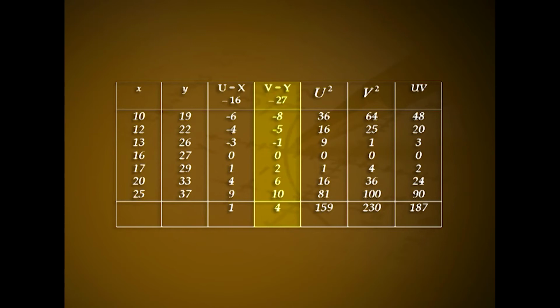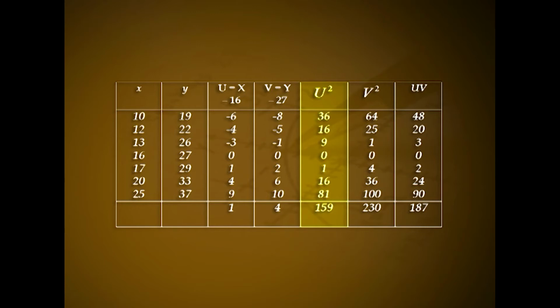The corresponding v values, y minus 27, are minus 8, minus 5, minus 1, 0, 2, 6 and 10. Now, the u square values are 36, 16, 9, 0, 1, 16 and 81, and sigma u square equal to 159.